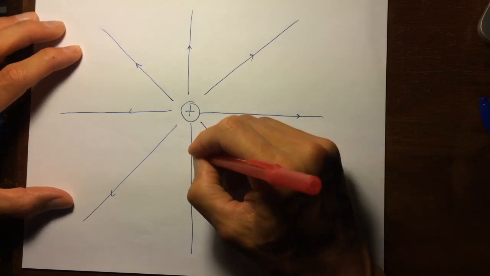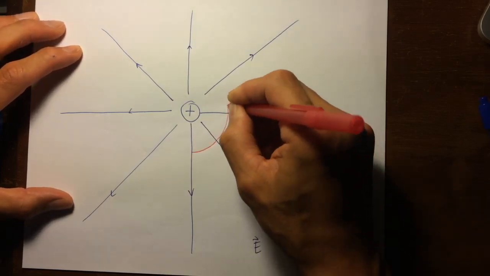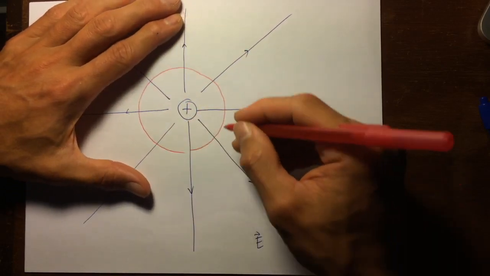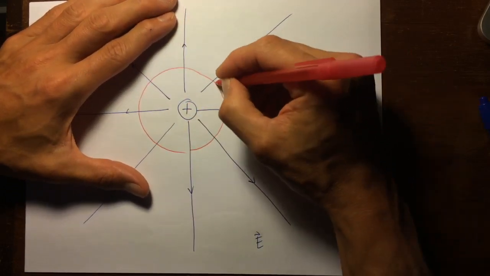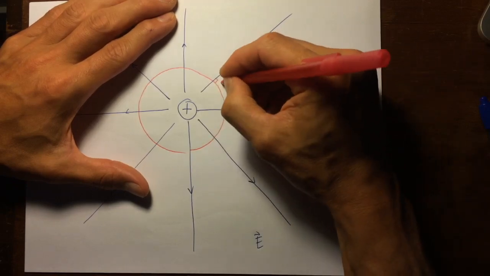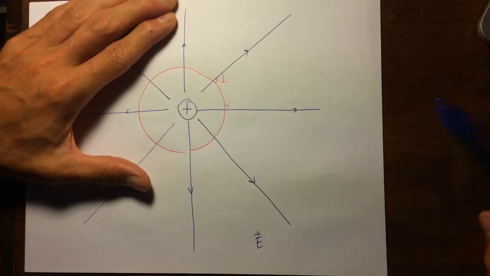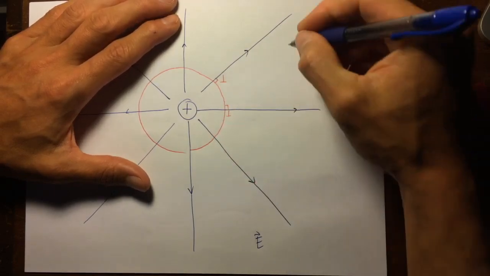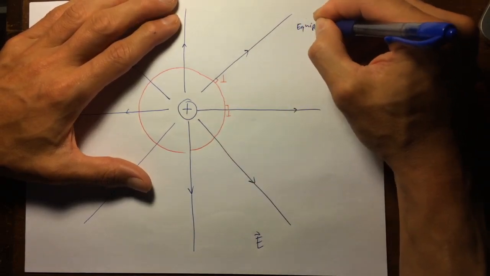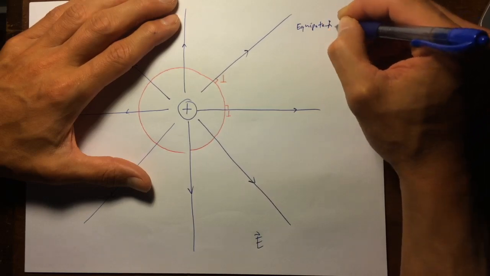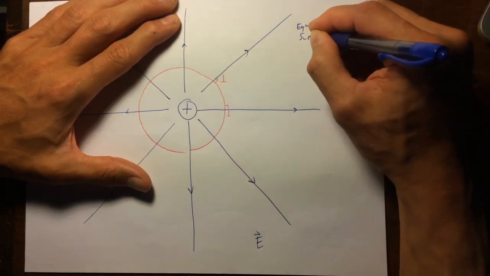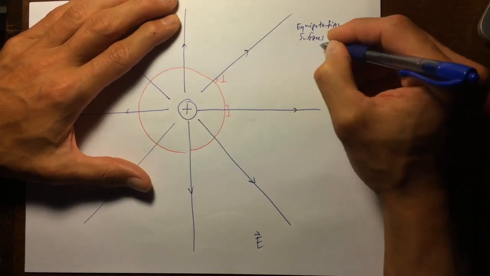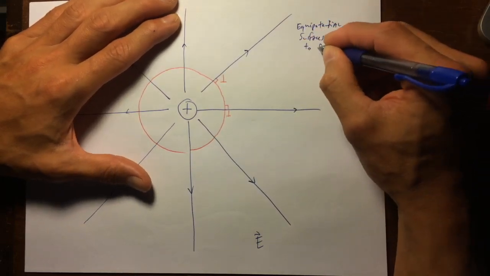And the equipotentials are always surfaces that are perpendicular to the field lines. So equipotential surfaces are perpendicular to field lines.